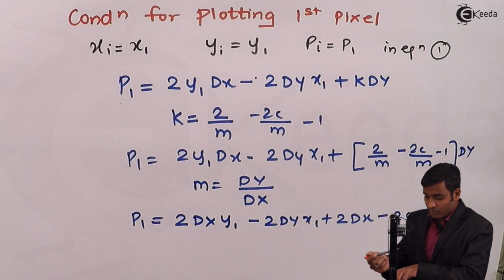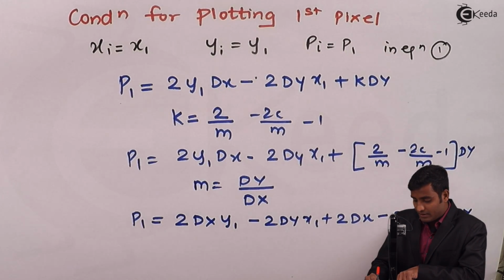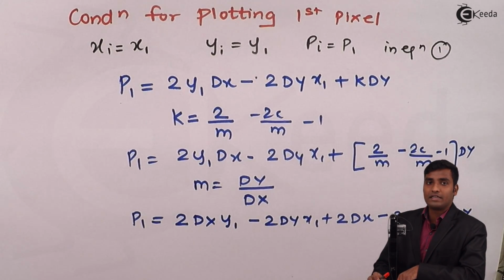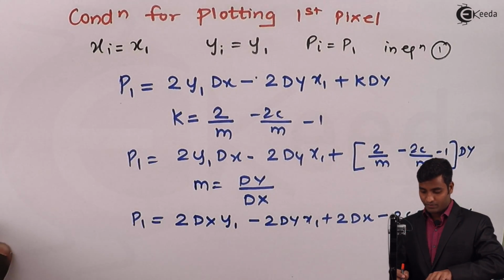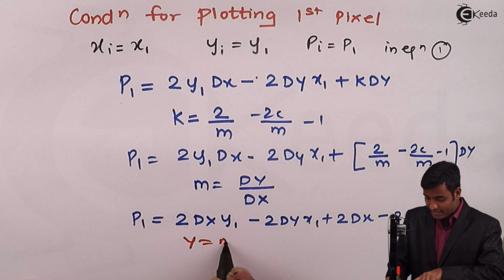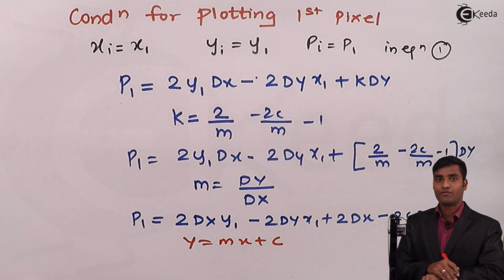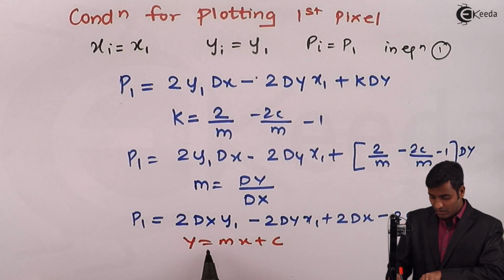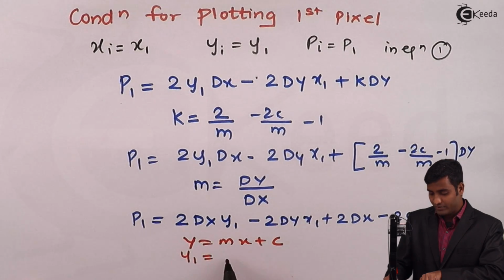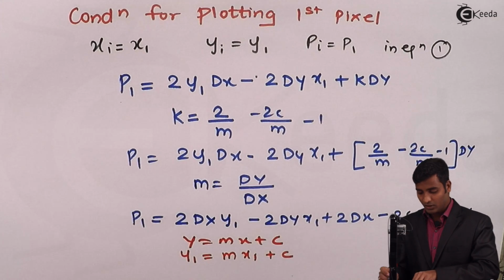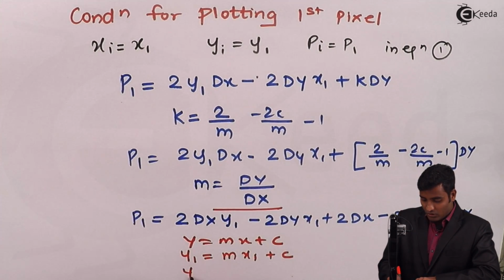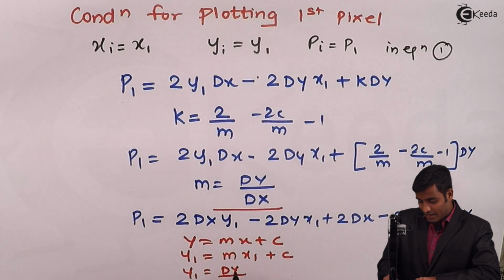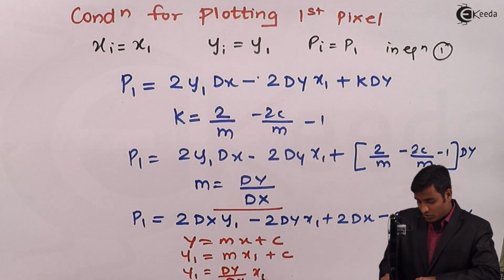So I want to eliminate this term, that is the term with c. For that I have to do some adjustments. So I know y equals mx plus c. For the first pixel, it will become y1 equals mx1 plus c. So I know m as dy by dx, so I am replacing m by dy by dx.